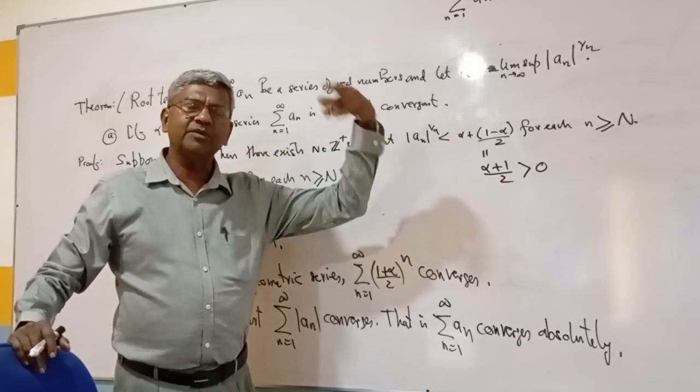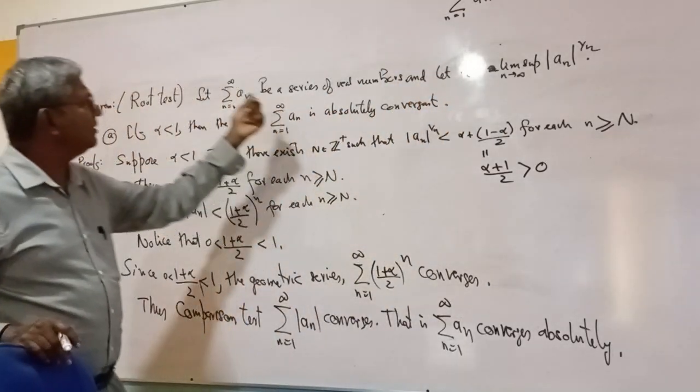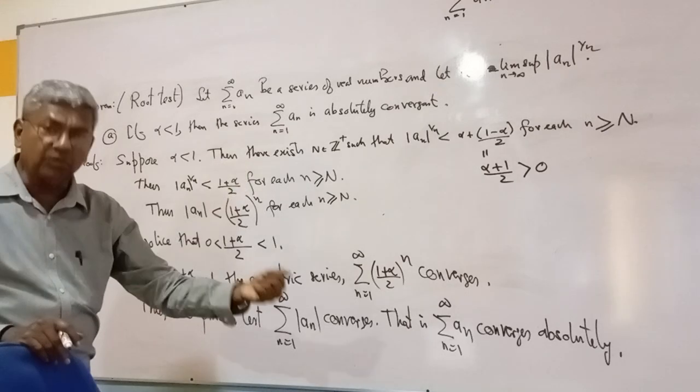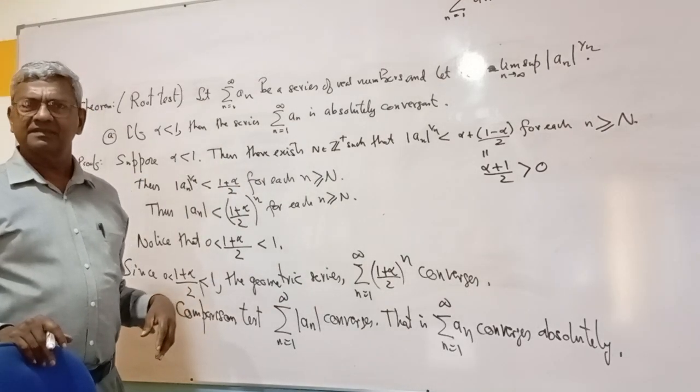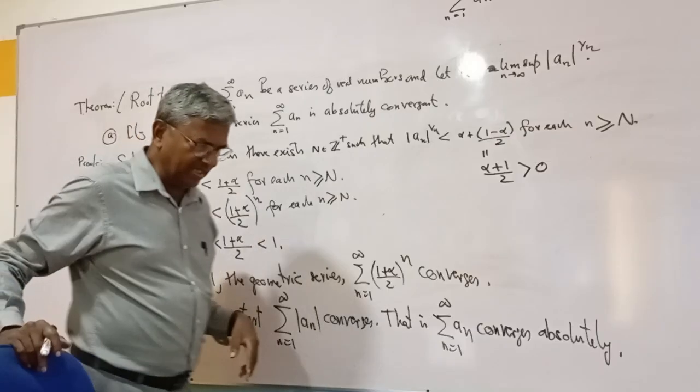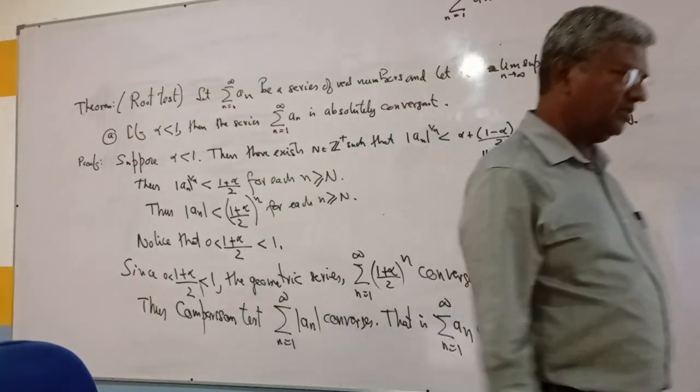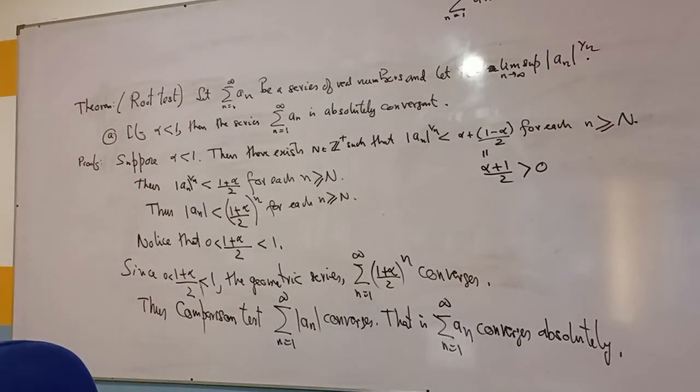Here, you are not going anywhere else. You are going to the limits from the nth root of the given thing. Can you see? In order to apply the comparison test, you go outside and look for something bigger than the given series and which is convergent. Here, you don't go anywhere.